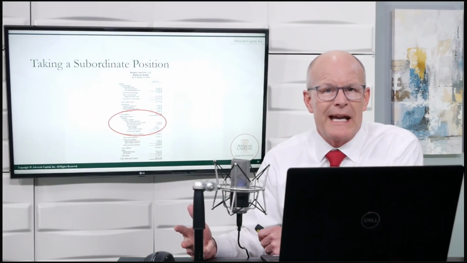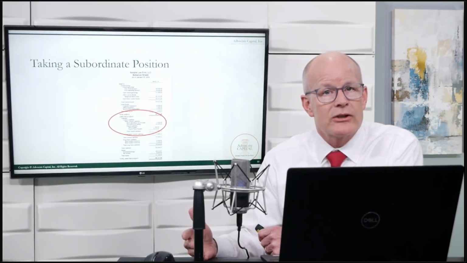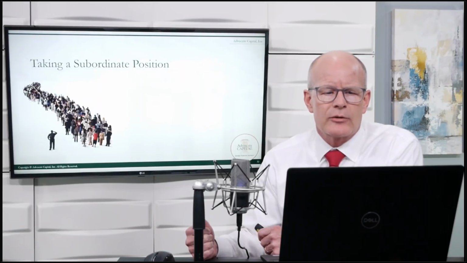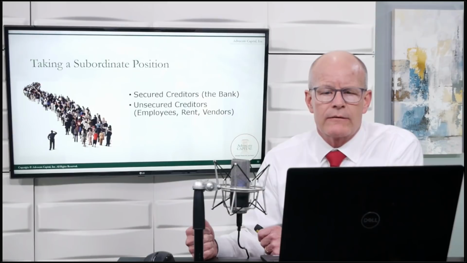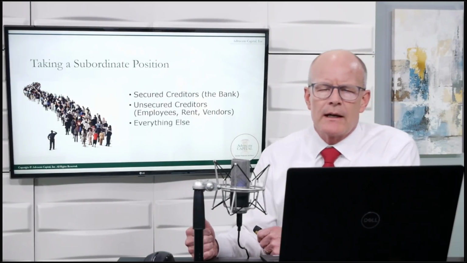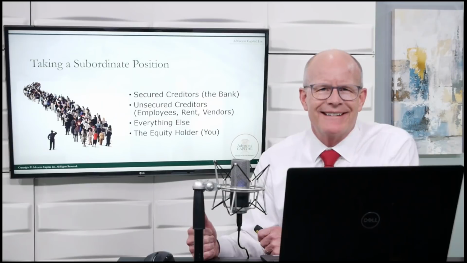Even your employees' payroll would take priority over you in a liquidation. So you have taken a subordinate position, and you're behind a lot of different people. If there is a bad turn of events at your law firm, you're behind everybody. You converted it to equity, effectively, on the balance sheet. And you get the money last.